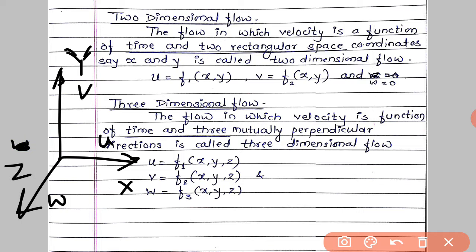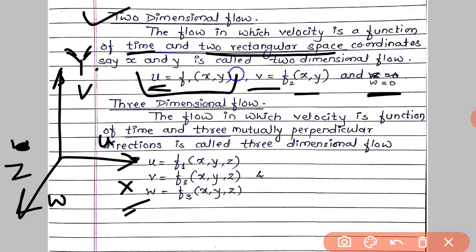Now for two-dimensional flow, the flow in which velocity is a function of time and two rectangular space coordinates, that is x coordinate and y coordinate, is called two-dimensional flow. So only u and v will be present and w will be 0. So u is equal to f1 of x, y, v is equal to f2 of x, y, and w will be 0. The values of u and v will be present in two-dimensional flow, and the value of w, that is velocity in z direction, will be 0.